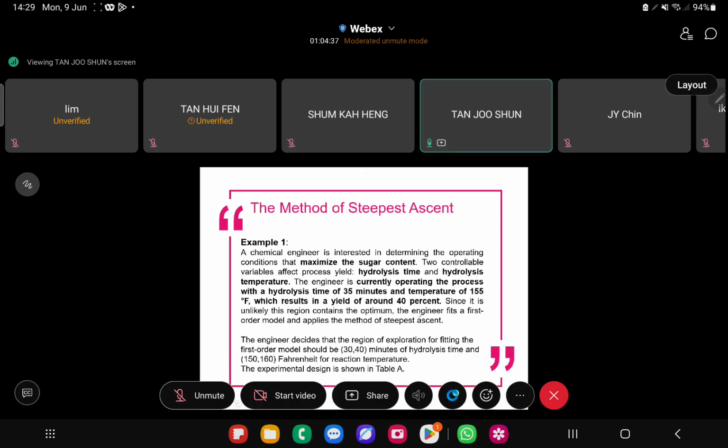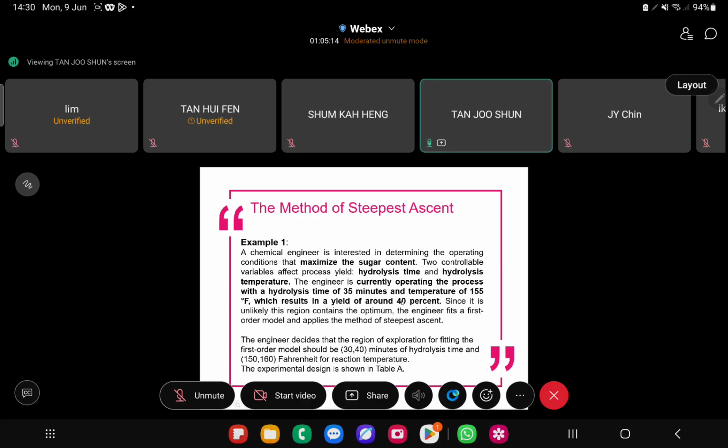Okay, I give an example. Normally, when I give an example, it means it's important. It's very important. For example, here, a chemical engineer is interested in determining the operating conditions that maximize the sugar content. Two controllable variables affect the process yield. The first factor is the hydrolysis time. The second factor is the hydrolysis temperature, and your response is the sugar content.